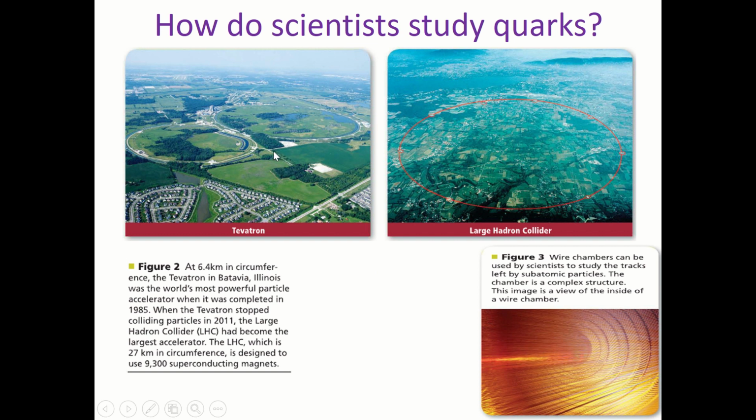So here you can see this accelerator has a circumference of 6.4 kilometers, and that one has a circumference of 27 kilometers. We call this the circumference, the 2 pi r. So as you can see here, for this large distance, we can make particles like neutrons and protons accelerate on those accelerators, and they move very very fast, and then we make them collide with each other.